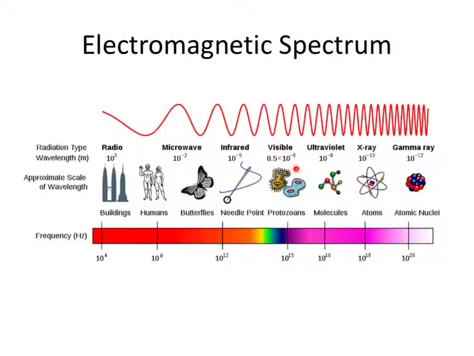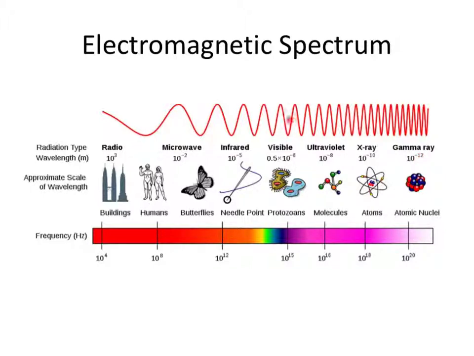Now, right here in the middle is visible, so this is light. But if you go at a higher frequency, then you can see we run into what's called ultraviolet light, X-rays, which I'm sure you've heard of. Gamma rays are very high frequency electromagnetic waves. These are emitted from radioactive materials.